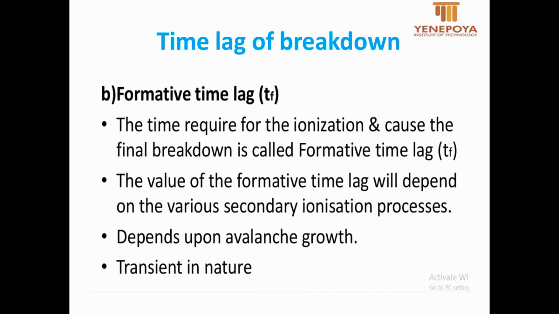What is formative time lag Tf? The time required for the ionization and to cause the final breakdown is called formative time lag Tf. The value of the formative time lag depends upon the various secondary ionization processes and avalanche growth, and it is transient in nature.